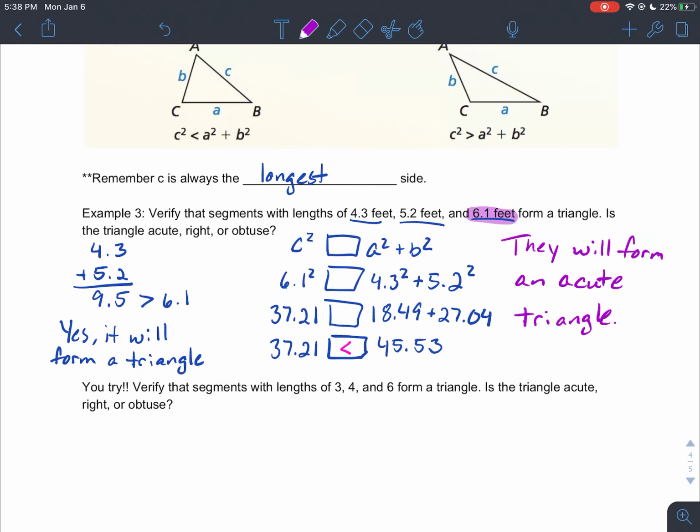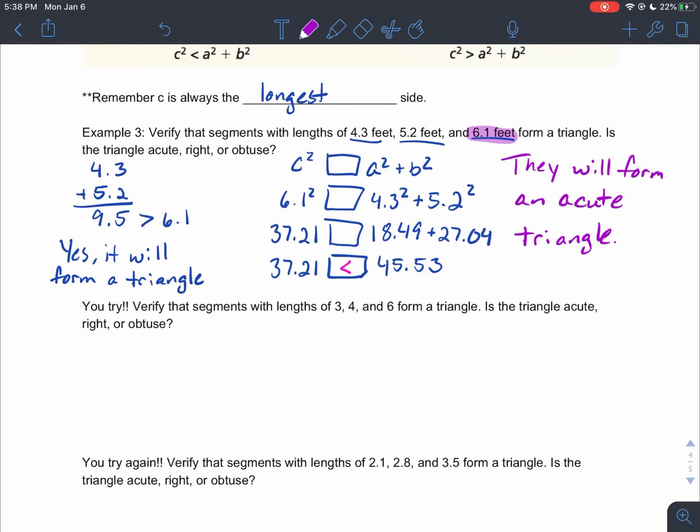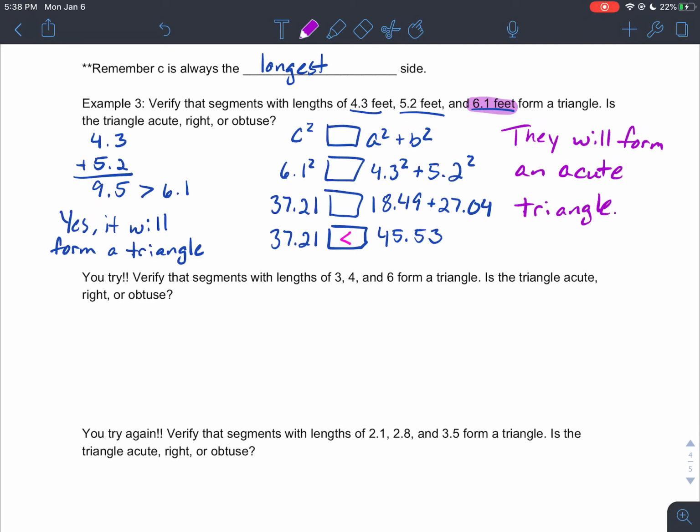So basically, the first question says, is a plus b greater than c? If that question is yes, then we go on to the second question that says c squared is what, compared to a squared plus b squared. Okay?